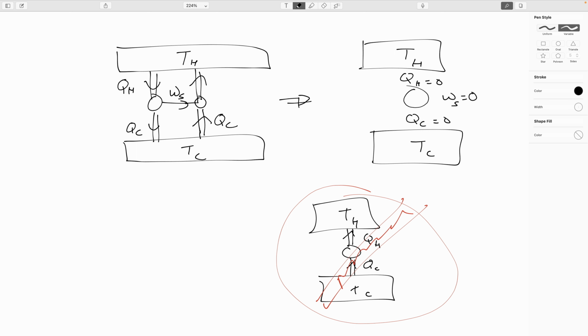So in the real world, anything that we do is not going to be perfectly reversible, and so it won't be as efficient as if it were perfectly reversible. We would be rejecting excess heat to the cold reservoir, and we wouldn't be able to transfer it back out, so we would have a net transfer of heat from hot to cold, for instance.